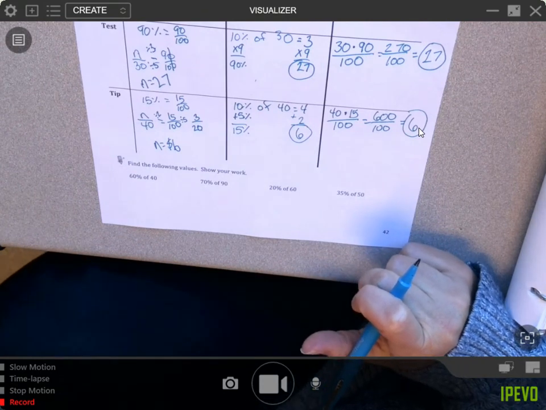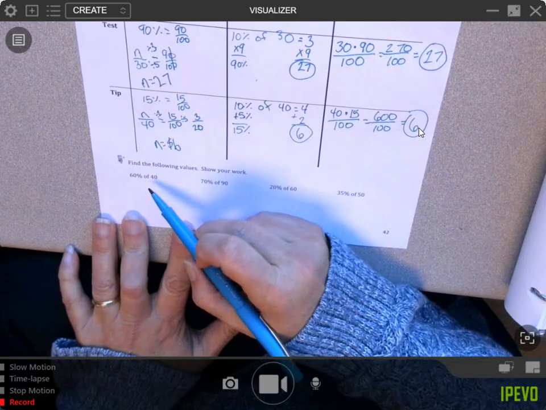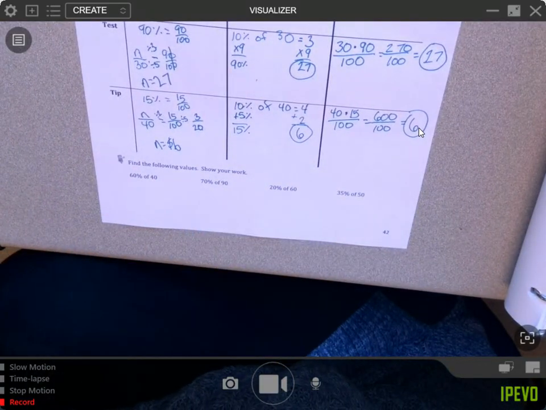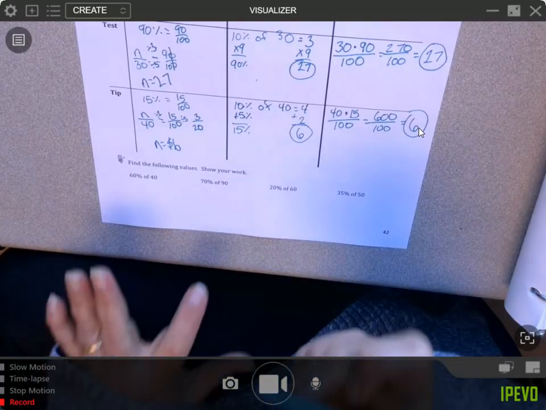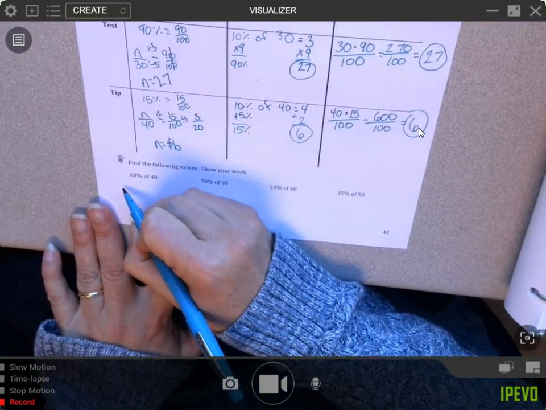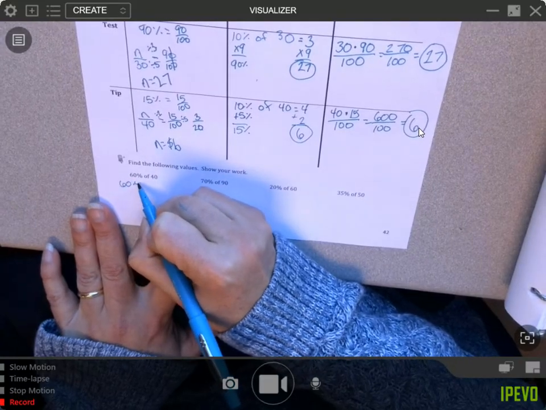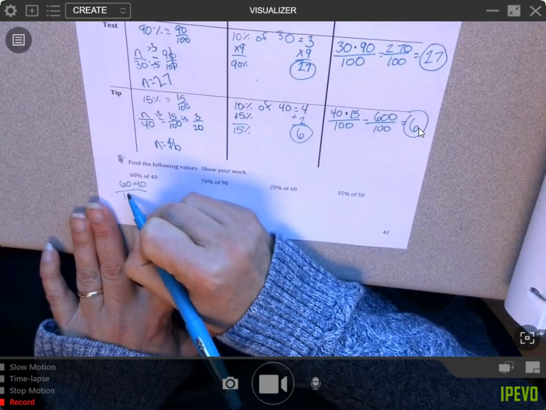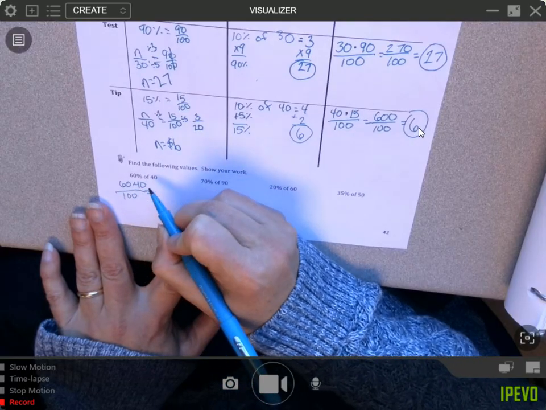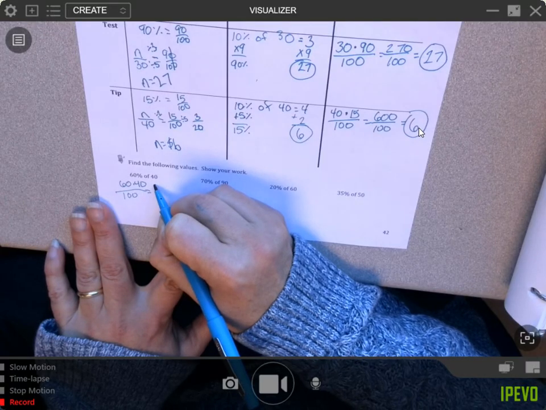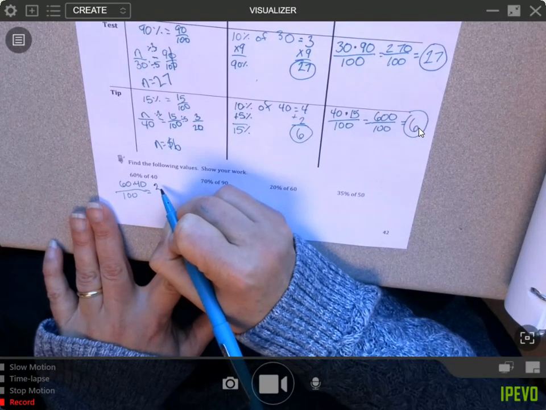So if I want to know 60% of 40, who can walk me through one of the methods to find it? Harper? So walk me through it. What should I write? 60 times 40 divided by 100. So what is 60 times 40? 2,400.